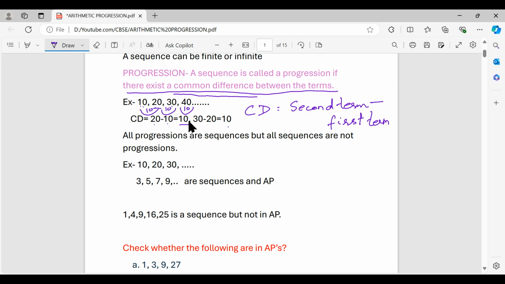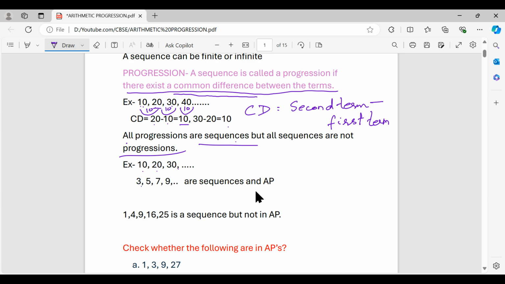So we can say since the common difference is same, this is a progression. So all progressions are sequences. Right, mind it. All progressions are sequences, but all sequences are not progressions. See, 10, 20, 30. This is an arithmetic progression. 3, 5, 7, 9.